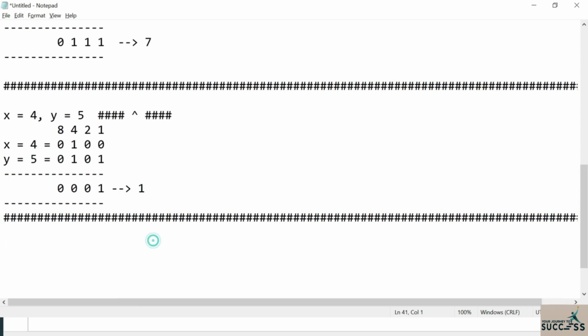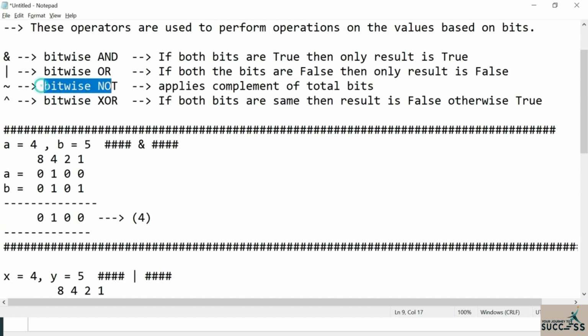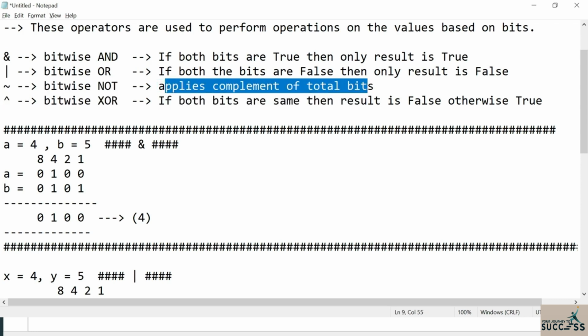Now let us see how we can do the bitwise NOT operator. The bitwise NOT operator is also called the tilde operator. Why? Because we are just applying the complement concept on this.